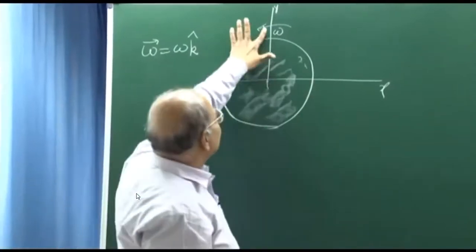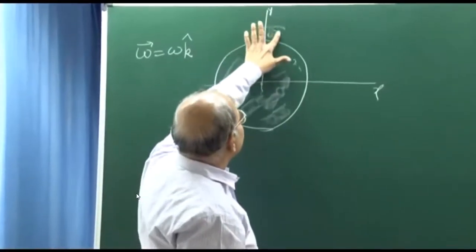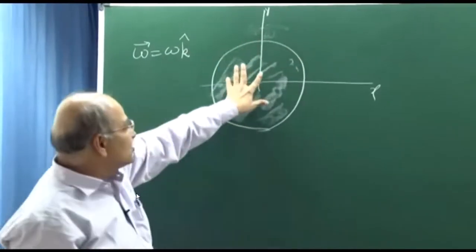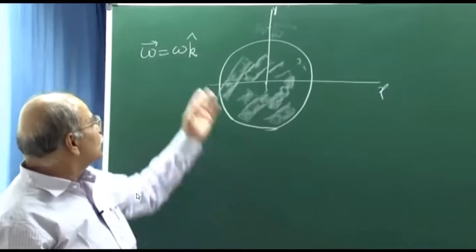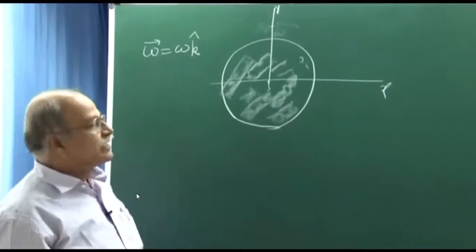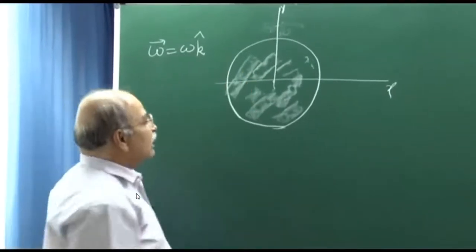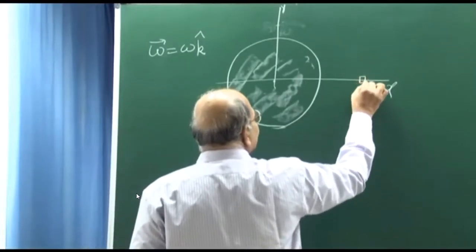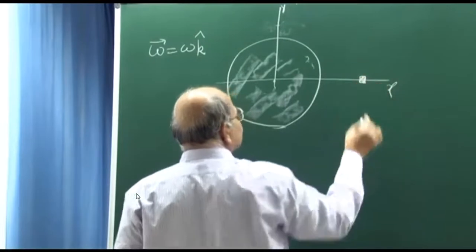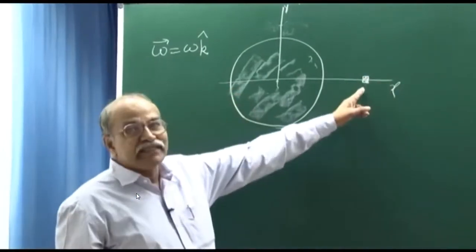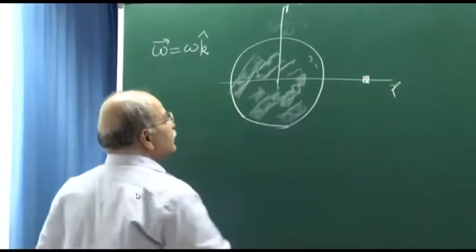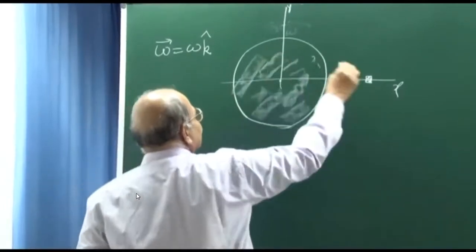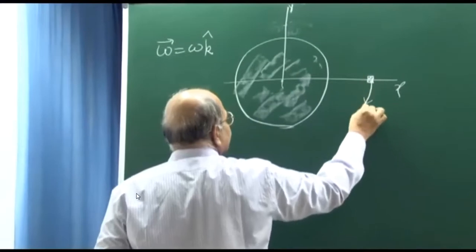So, if I remove this arrow from here and this omega from here, but we do remember that this disc is rotating in the lab frame with this angular velocity omega, and from this frame I am looking at some object, say here. At certain instant this object is here, it is at rest in the lab. So, in this frame it is going in a circle, and in the lab this was going anti-clockwise. So, as seen from here, this will go in this direction, in this circle.